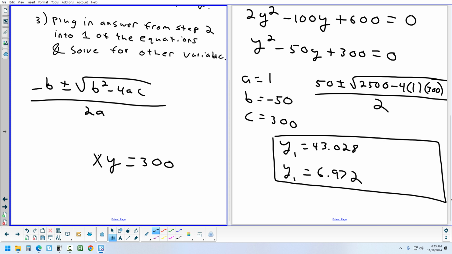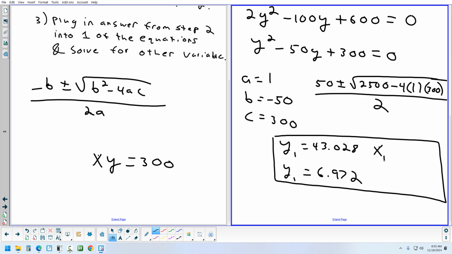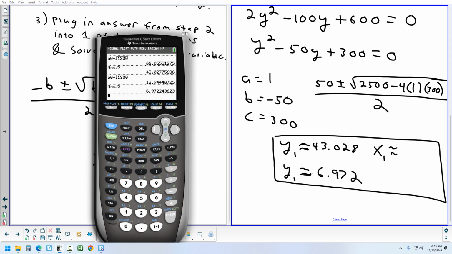So let's find x1. And I should put approximate because I did round those. They're not exact answers. So the x is 300 divided by your y. So 300 divided by 43.028. Look at what I get, 6.972.